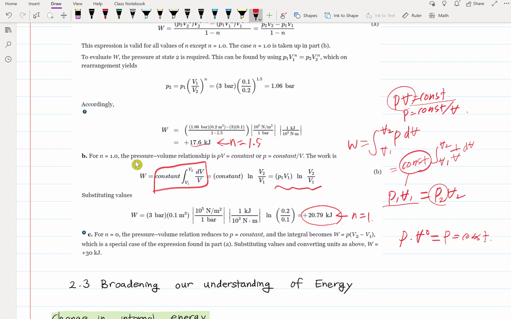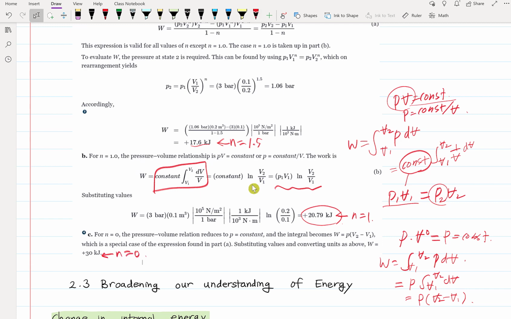So we still use the same expression, W equals the integral from V1 to V2 of P dV, and pressure is not a function of volume. So we can take P, pressure, out of the integration. So pressure times V2 minus V1. So work is 30 kilojoule when n is equal to 0.